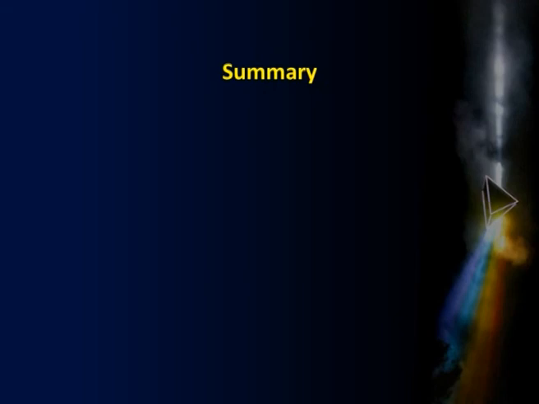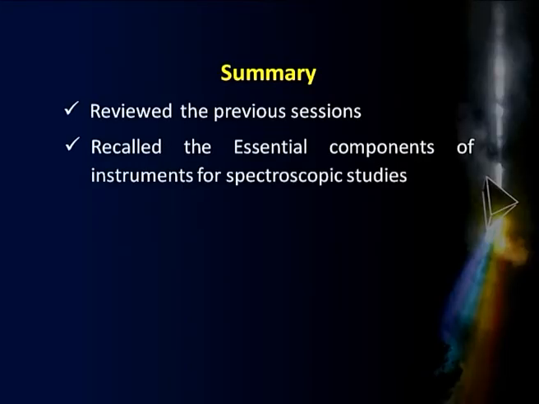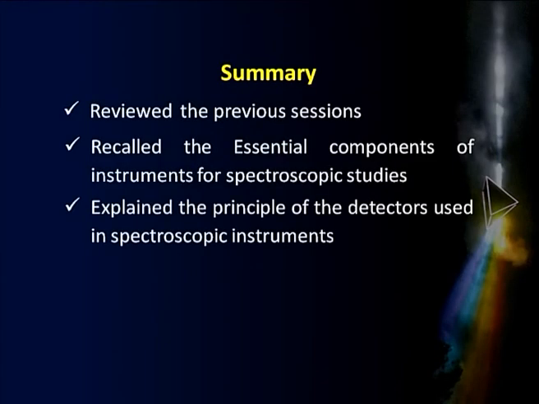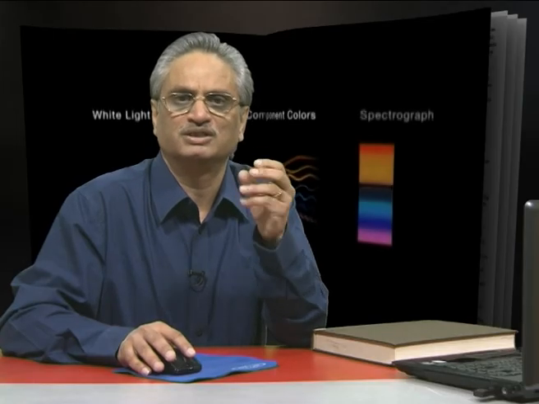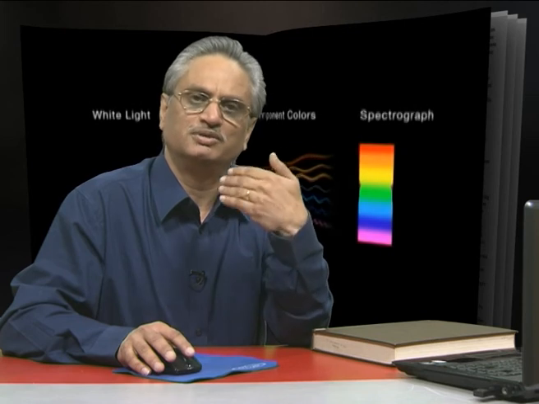Let us sum up what we have done today. We reviewed what we did in the previous session, wherein we recalled the essential components of instruments used for spectroscopic studies. That means, there are 5 things we talked about a number of times. Thereafter we explained the principle of detectors used in spectroscopic instruments, because the sensitivity of the detector is very crucial for the outcome, the kind of spectrum I get, and the kind of interpretations I can look into.